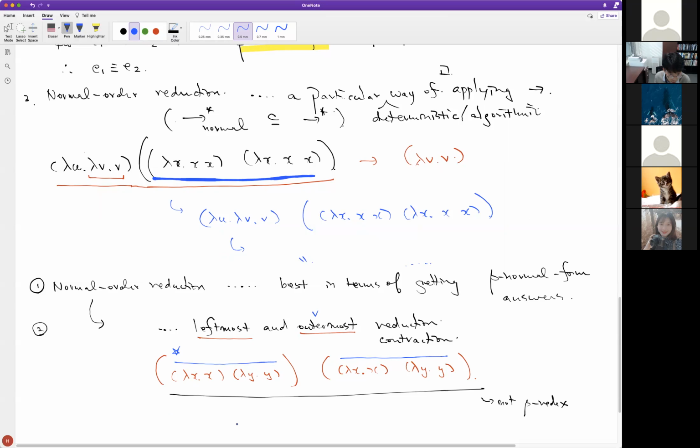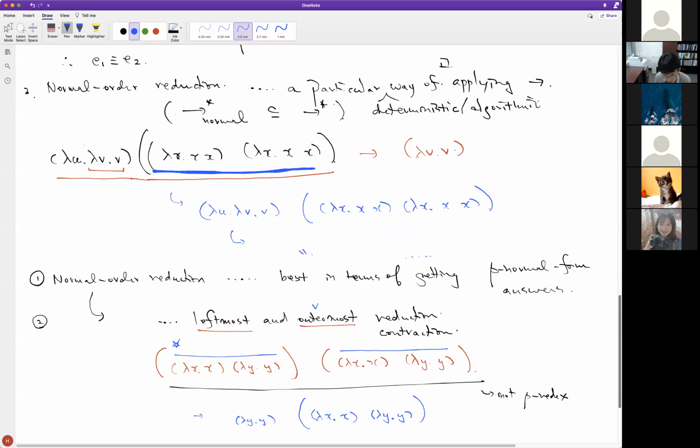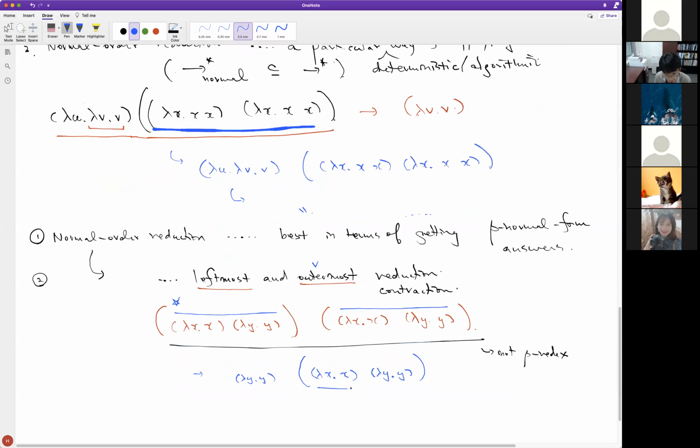Then we end up with lambda y dot y, and then lambda x dot y dot y.